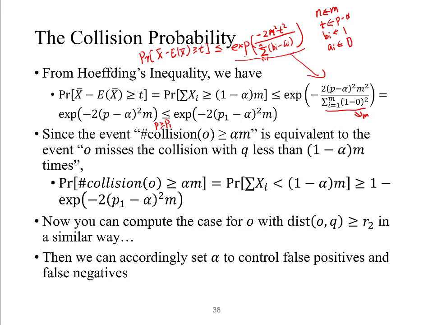Now we consider the event that the number of collisions between O and Q's hash values is no less than alpha m. So this event is equivalent to the event that the number of times O misses the collision with Q is less than 1 minus alpha times m, right?